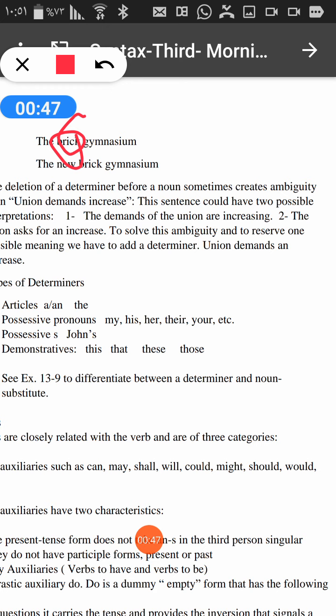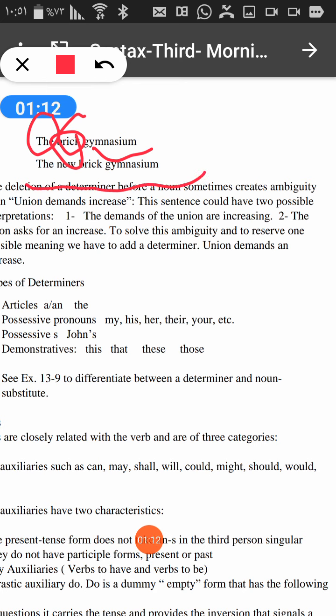So when we want to use the determiner, it comes first. That is, if we have an adjective and a noun, like gymnasium, the sequence will be determiner, adjective, and noun, تسلسل ماذا راح يكون.